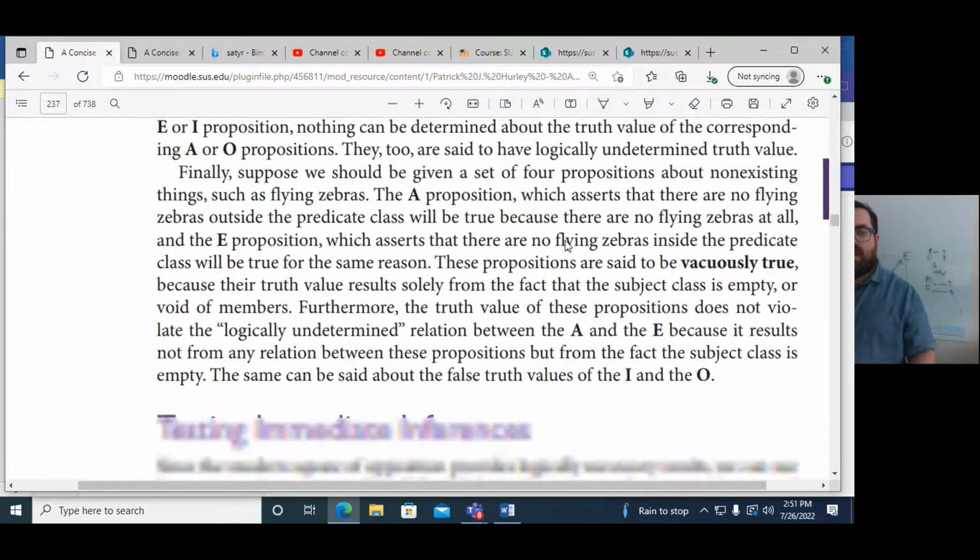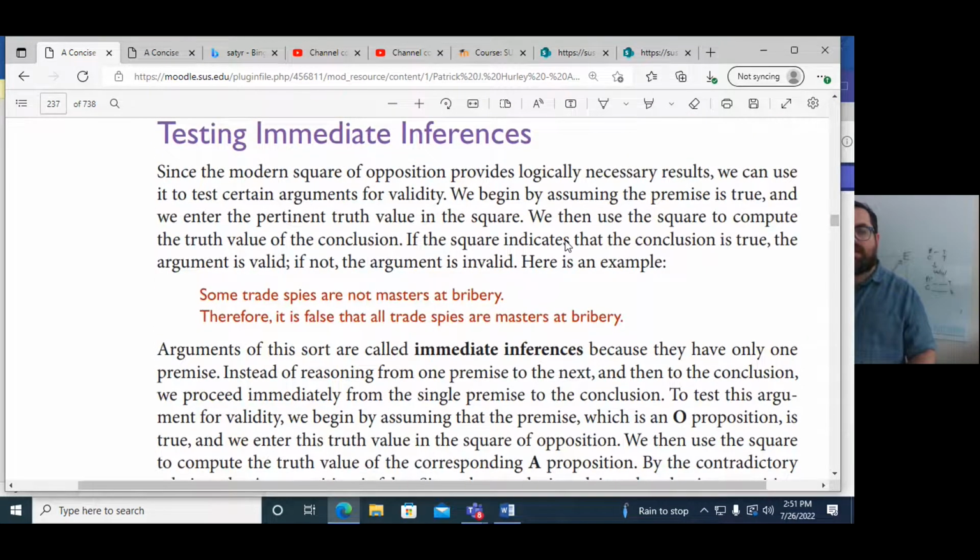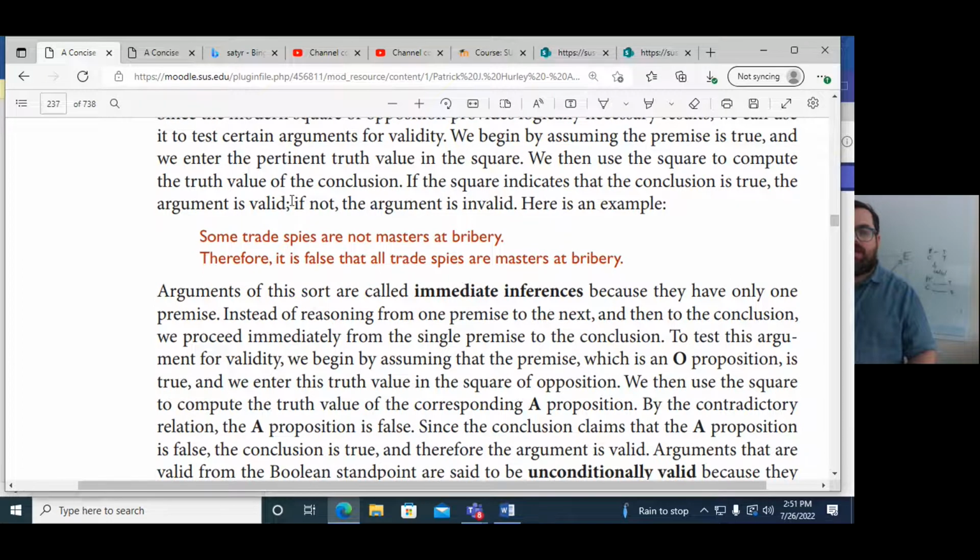So the opposite truth value. Let's take a look at testing something like this. So here we have: some trade spies are not masters at bribery.